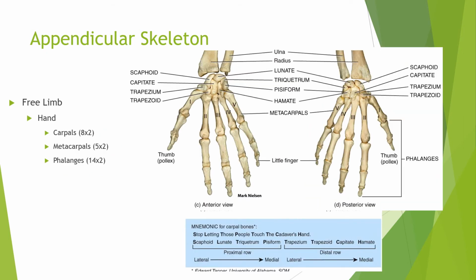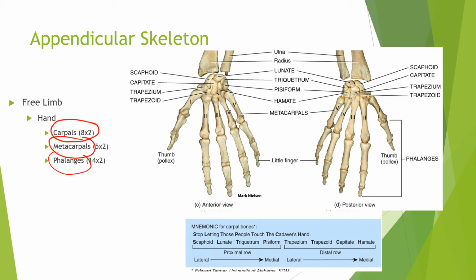The wrist and the hand are made up of 8 carpal bones, 5 metacarpals, and various phalanges. Each of our carpal bones is a named bone.